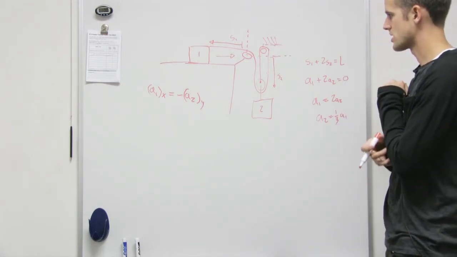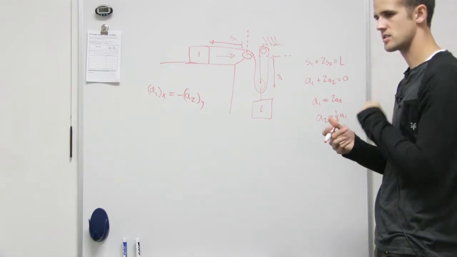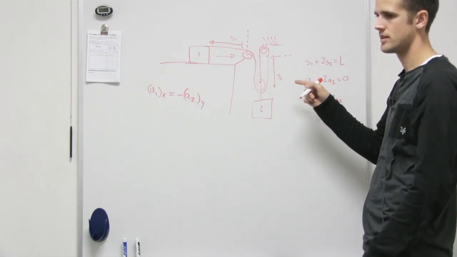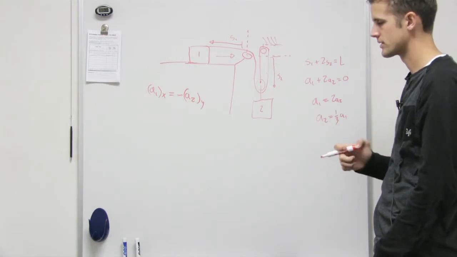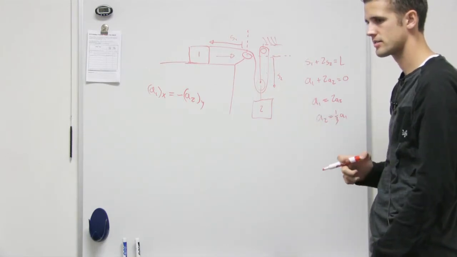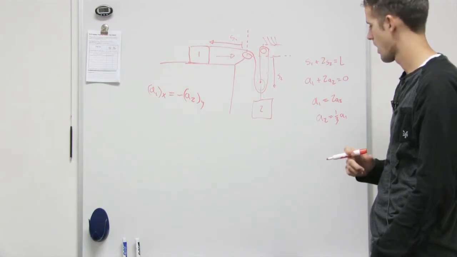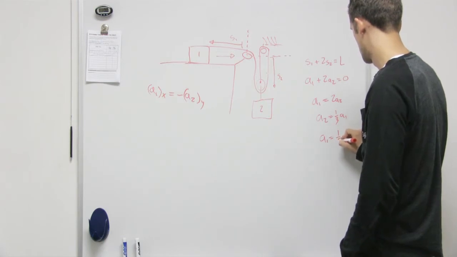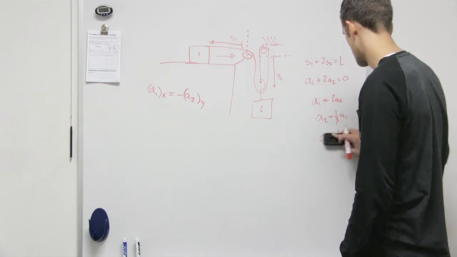And that's about as complex as problems get in this class. As long as you just have one rope, you can basically just count how many are going to the pulley or to that object. It could be A1 equal to A2, or 1/2, so you can do it either way.